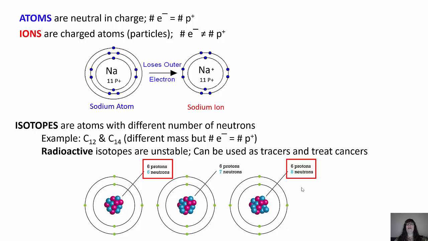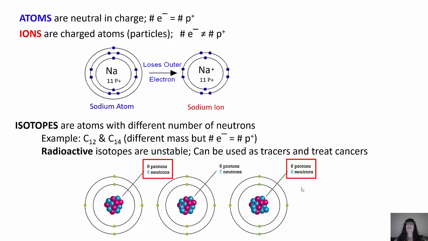If it loses an electron, it becomes a sodium ion, and it gains a positive charge because it lost a negative charge. Now, if something loses a negative charge, it becomes more positive. If something gains a negative charge, it becomes more negative. Okay? So the sodium ion has 8 electrons in the outermost shell, and it's happy.